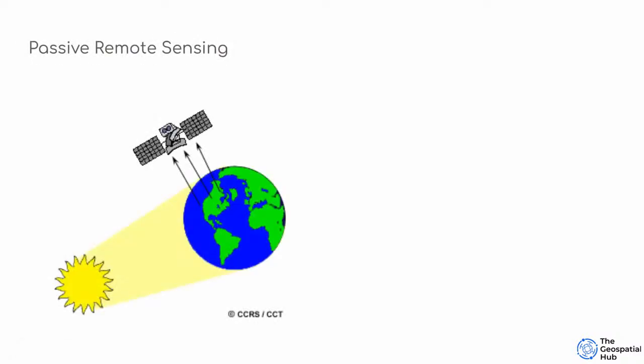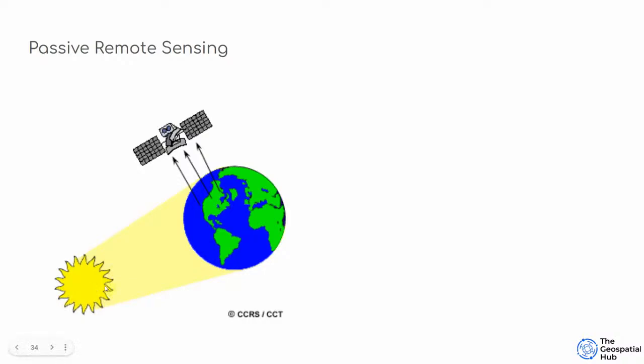So for passive remote sensing, like we've mentioned earlier, the sun is the ultimate source of illumination. The sun illuminates the Earth's surface, which is the target, and the target reflects the electromagnetic energy, which is what the sensor picks up. We've discussed this previously in week one and week two. So this is the concept of passive remote sensing.